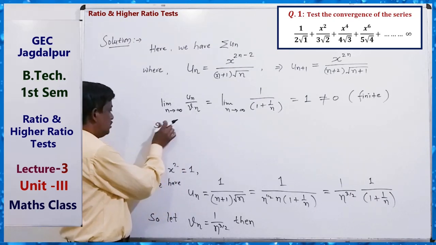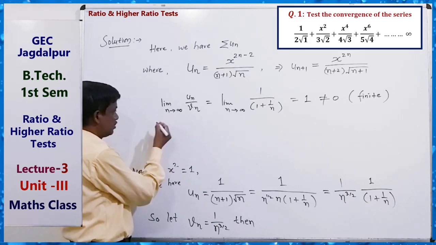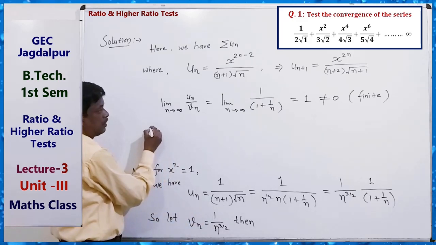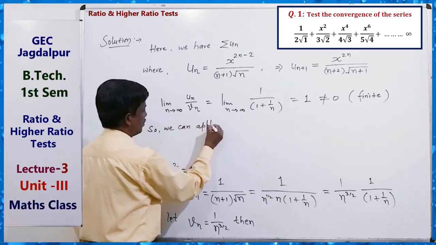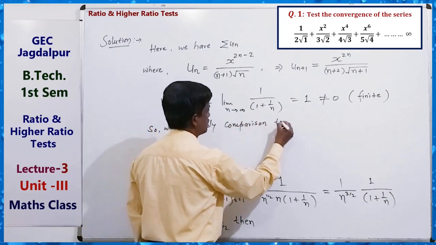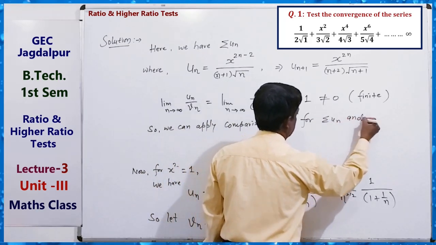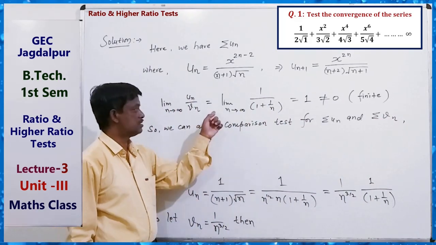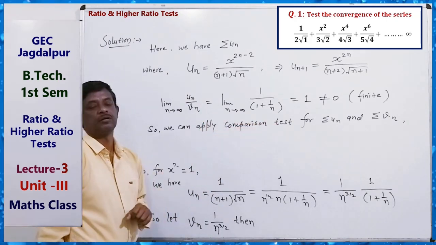So we can apply the comparison test for summation un and summation vn, because this is the condition for the comparison test. If this condition is satisfied, then for summation un and vn we can apply the comparison test.